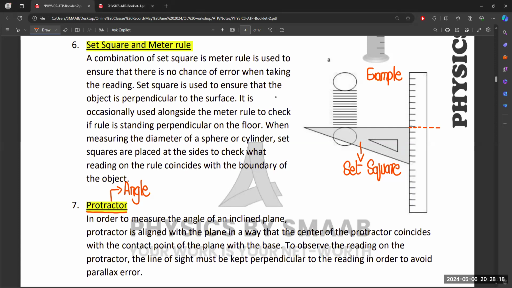So always we use this instrument to measure the angle of anything, because in the light section we know that there are so many concepts of angle. So we definitely require a protractor to measure the angle of any incident ray or any type of experiment which is linked with the concept of the angle, right?